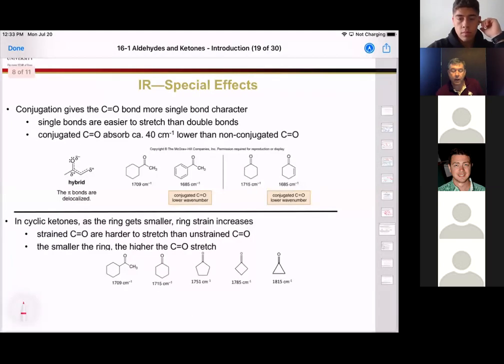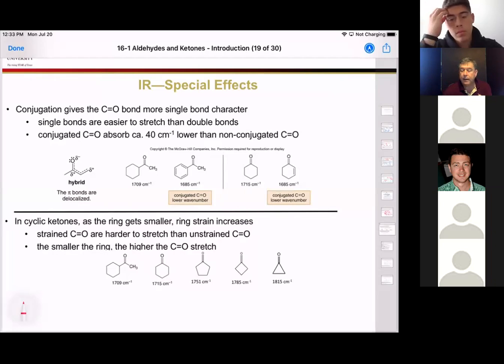Okay. We also see a greater effect if there is conjugation in the system. So if there's a double bond nearby, or if there's a benzene ring nearby, what we'll see is that wave numbers go down because the energy is going down because of the conjugation effect, okay?